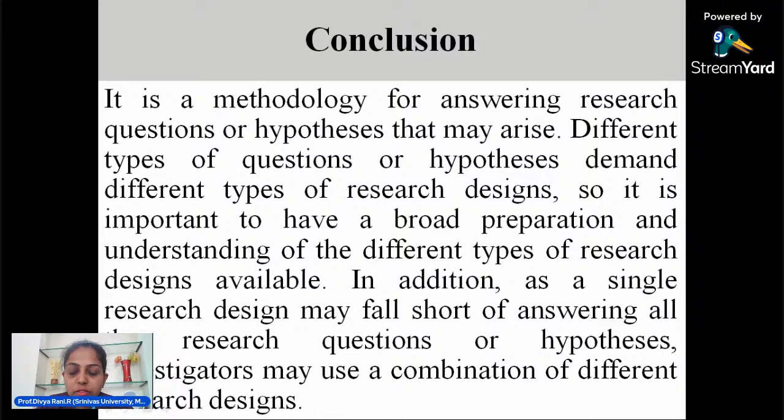If the research design is good, you can get a good result. Sometimes there are situations where we have to use two or more research designs to come to a hypothesis of a problem. So it is very important that everyone should know how well a research design can be applied and what particular research design has to be selected so that you can get a good result.